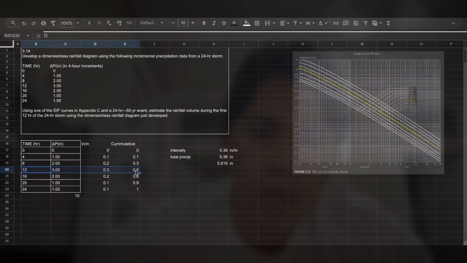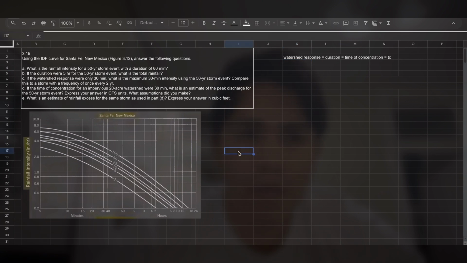It's like 60% of the total precipitation has fallen by the time 12 hours have passed. I hope that makes sense. So this will be your answer for the second part: 5.62 inches have precipitated in this storm if it lasted 24 hours and has a 50-year return period. This is what has fallen in the first 12 hours of that storm.